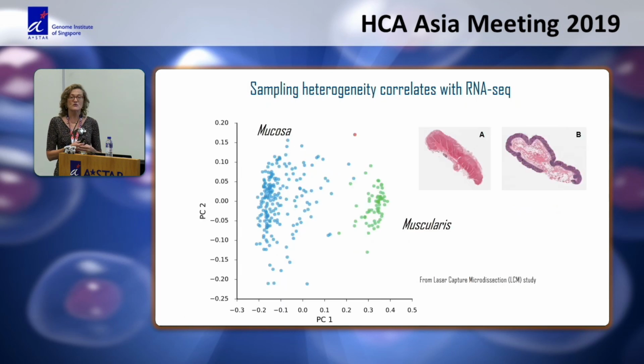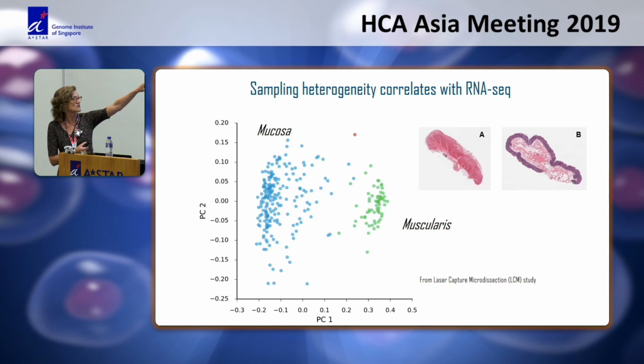But it's important to have this variation and to document it because it's very correlated with the changes in the transcriptome. What we see here is GTEx stomach samples plotted on this PC plot for PC1 and 2, and you can see that they fall into 2 distinct clusters. When we went back and looked at the histology images for those, we found that there were 2 extreme types of sampling for the stomach.